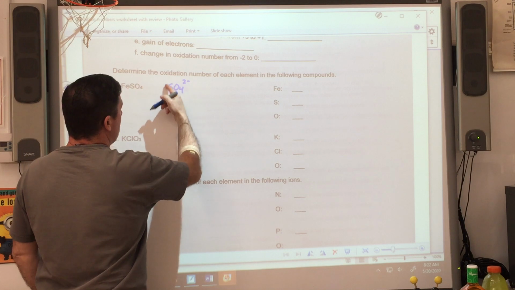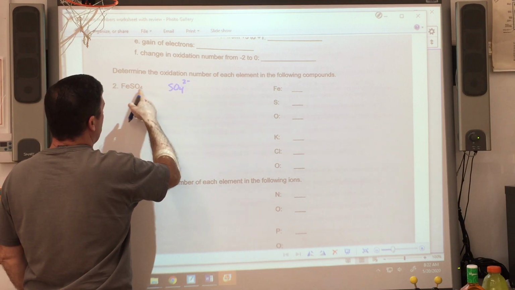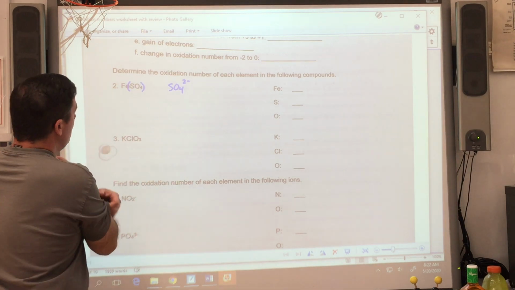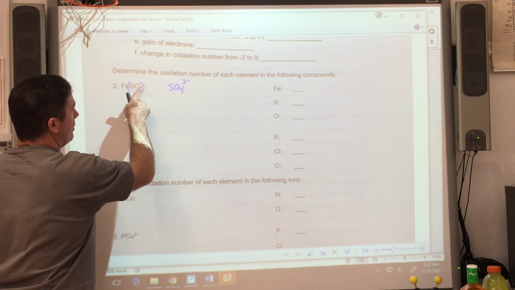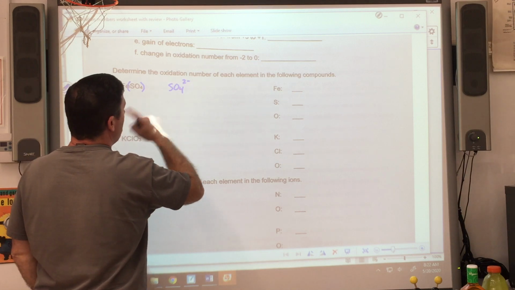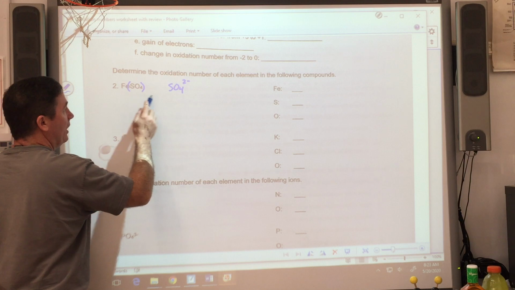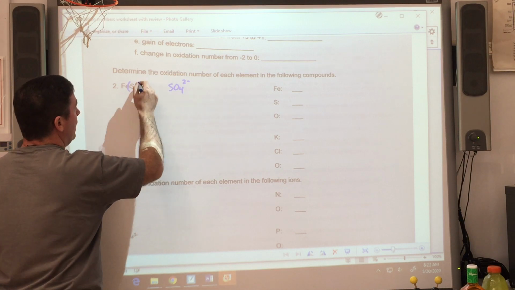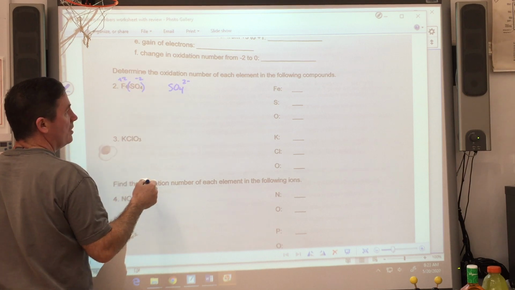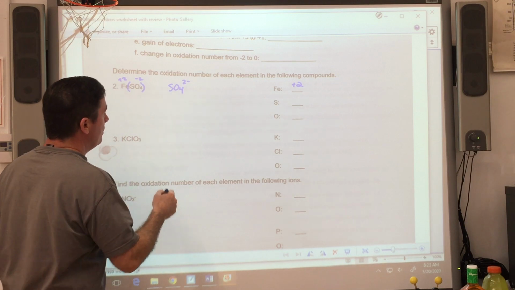So, if there is no number next to the Fe and no number next to the SO4, that means they have the same number. So, SO4 is 2-. We could do it that logically. So this whole thing is a -2. That means this thing is a +2. So I'm going to go ahead and put that in there, and then we'll confirm that in a second.